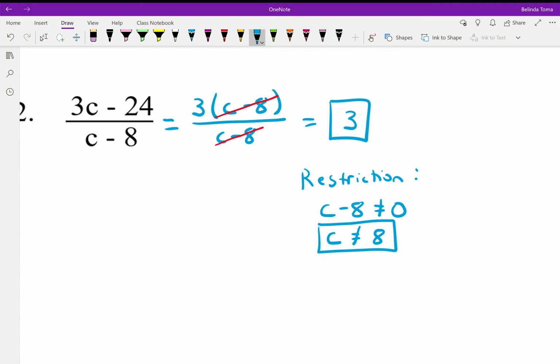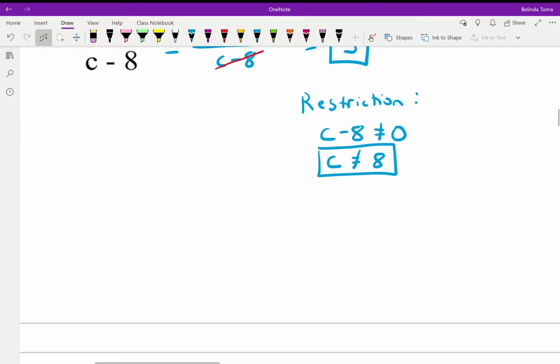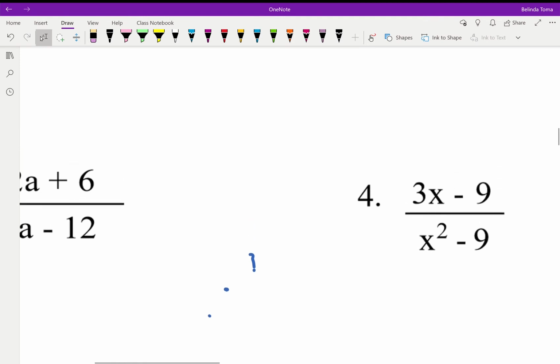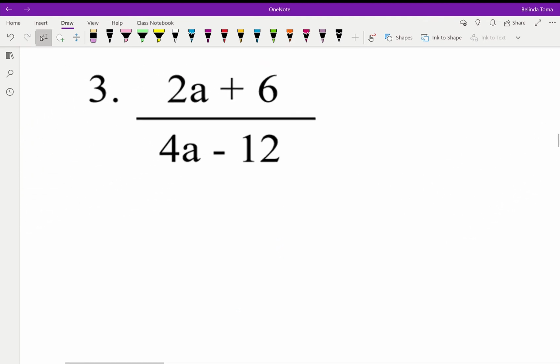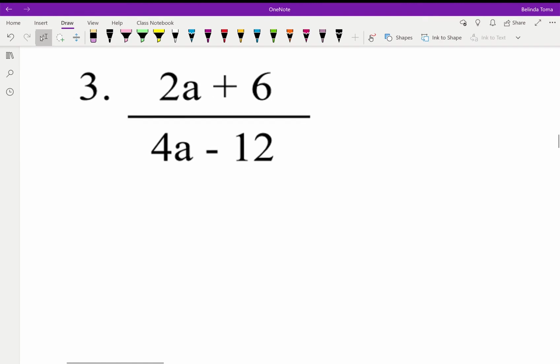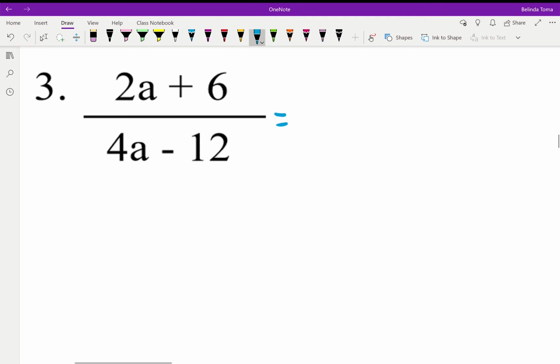bit easier. All right, so in example 3, we have another situation where we want to simplify, and here we're going to be able to factor a common factor out of the numerator and the denominator. So in the numerator, I can take out a 2, and in the denominator, I can take out a 4.